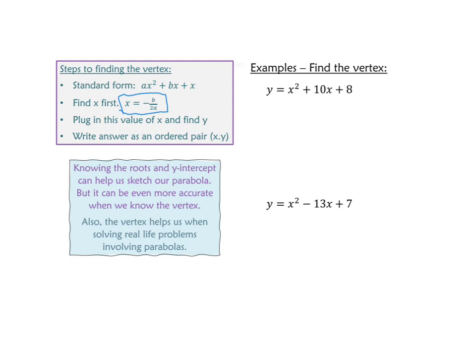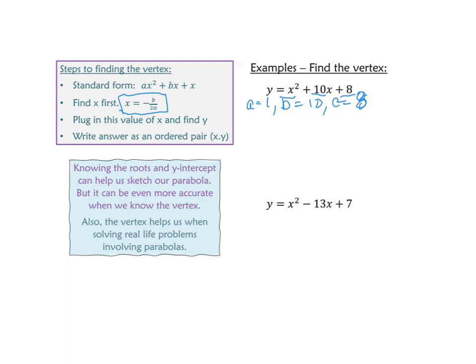So let's try it here for this first one. Again, it's always helpful to me to write down my a, which in this case is 1 because there's nothing in front of the x squared. My b, which we can see is 10. And my c, which we can see is 8.